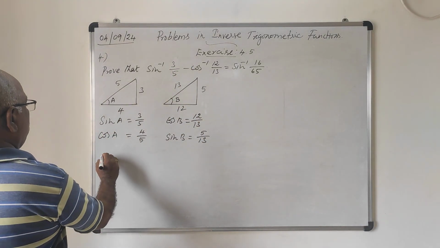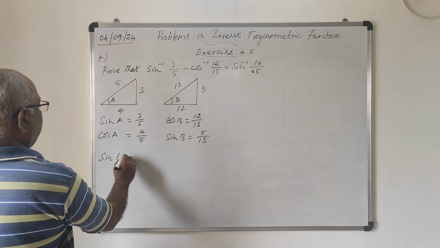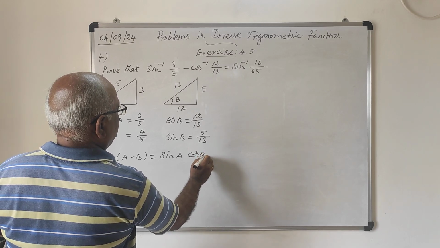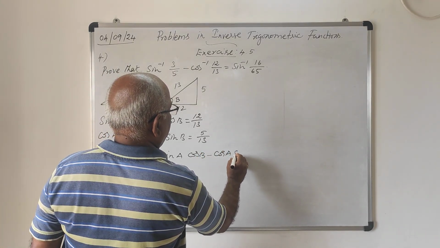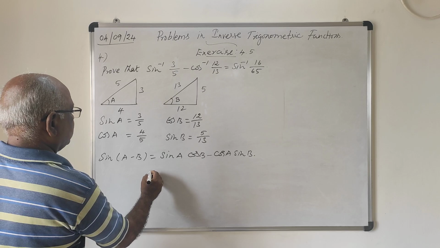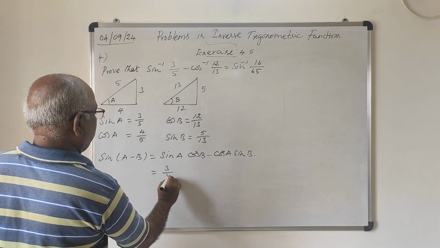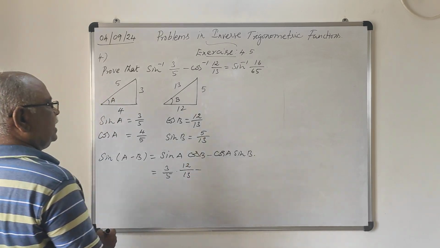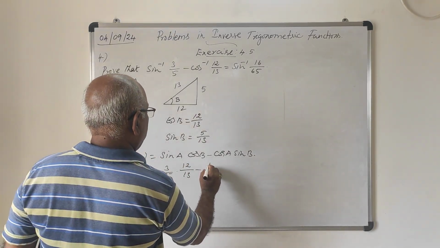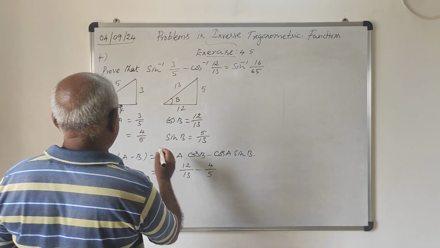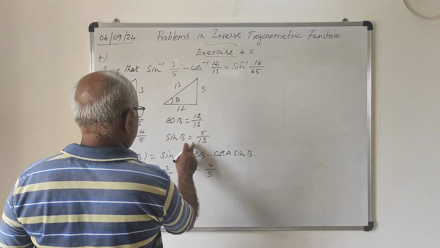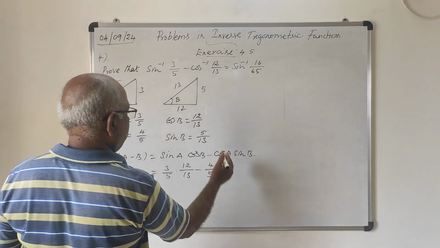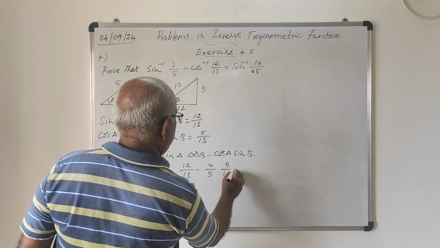How? We know one result in trigonometry: sin of a minus b equals sin a cos b minus cos a sin b. So sin a 3 by 5 into cos b 12 by 13 minus cos a 4 by 5 into sin b 5 by 13.